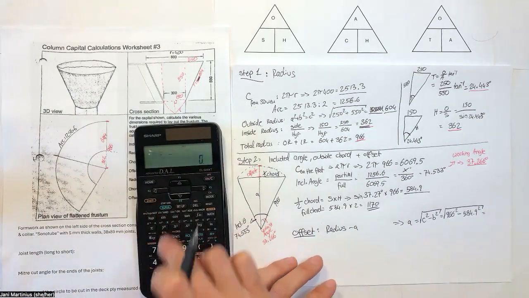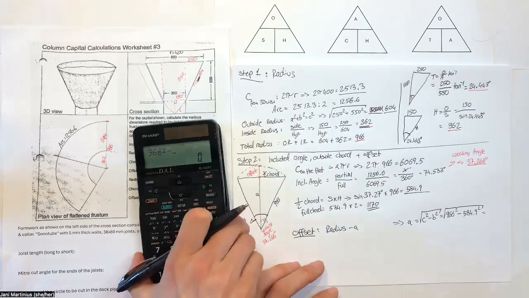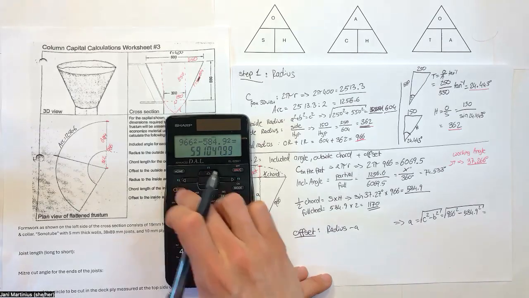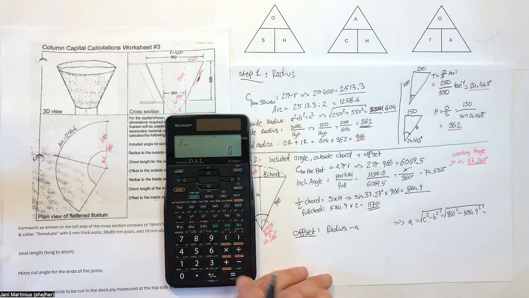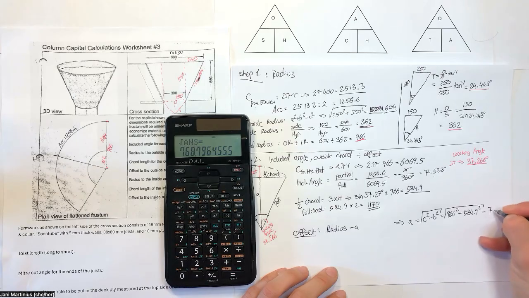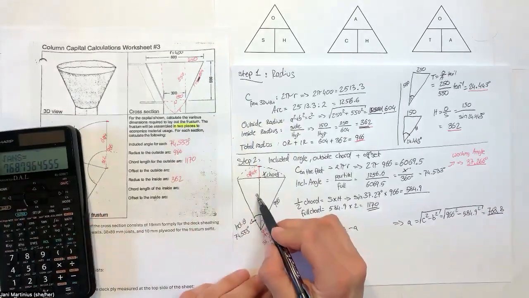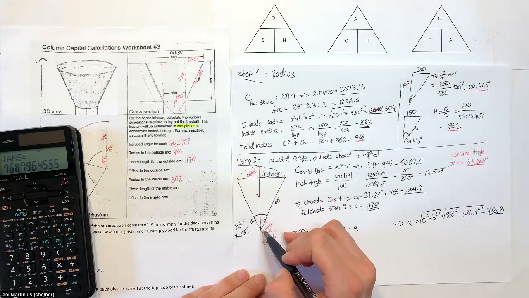So 966 squared minus 584.9 squared equals, second function, square root, 768.8. That is A, being this guy right here, from here to here.